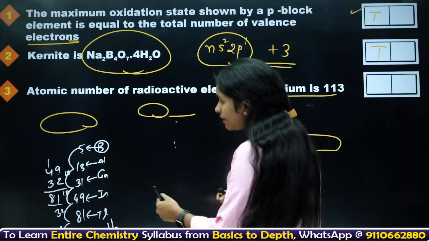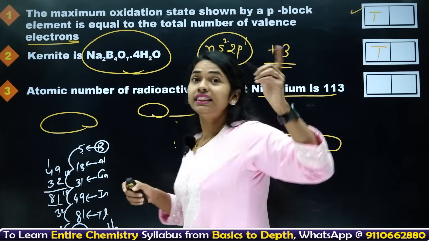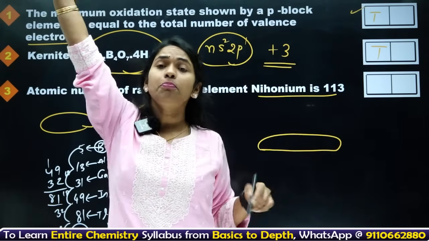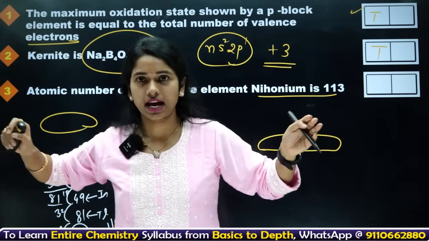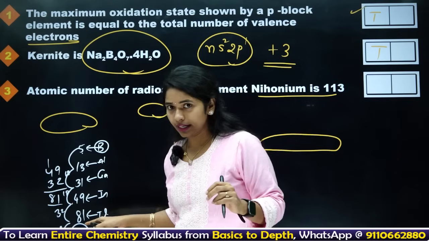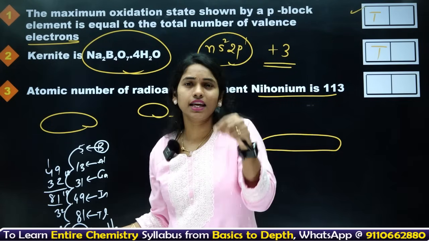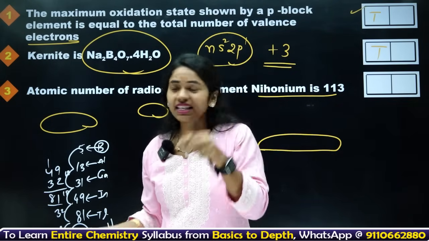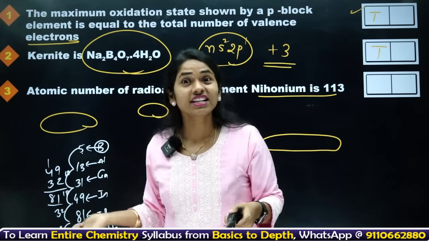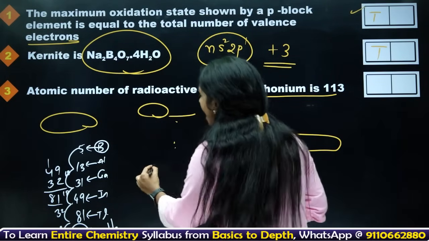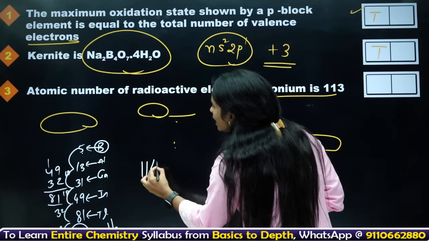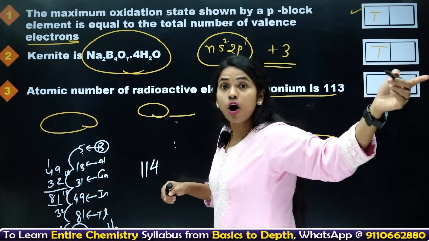See the technique. If they give you element 113, which block in the periodic table it belongs to, they can also ask. So 113 there, no? That last 13 you see, that is 13. So the boron family is also known as the 13th group. Suppose they ask you 114 belongs to which group in the periodic table?